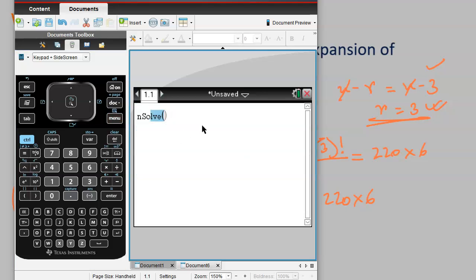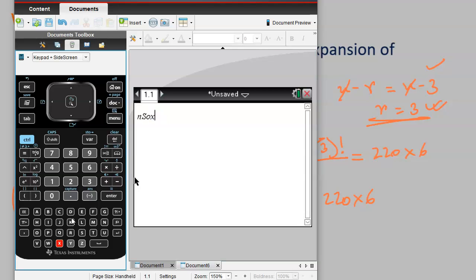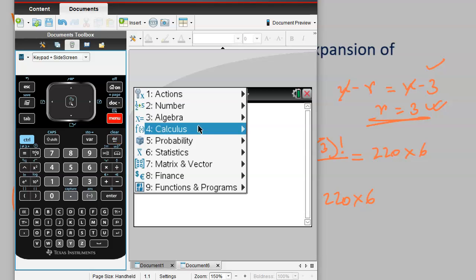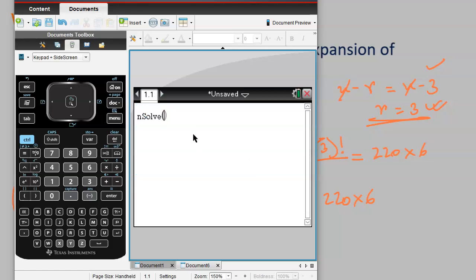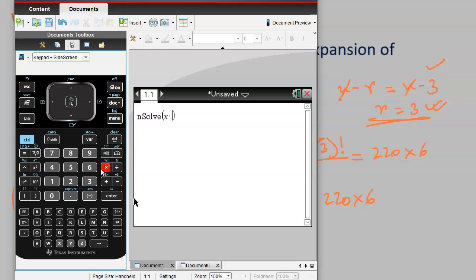Okay. So we come to this, and it is numerical solve x times x minus 1 times x minus 2 equal to 220 times 6, comma x, because we have to declare the variable.